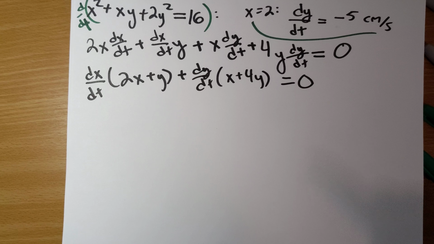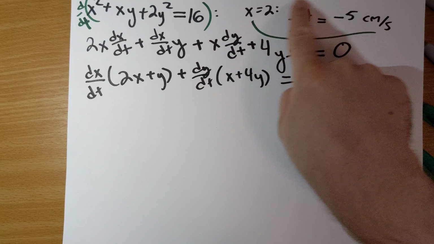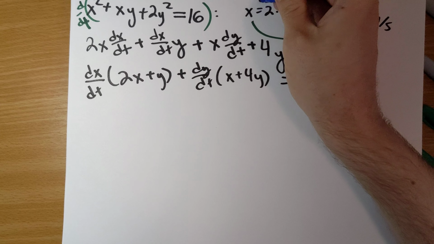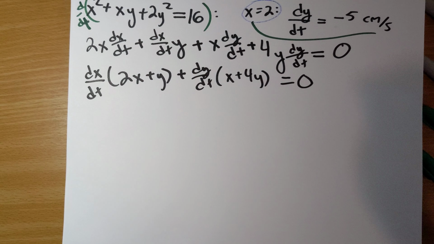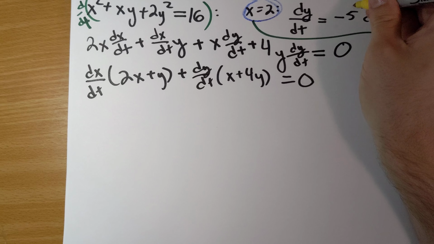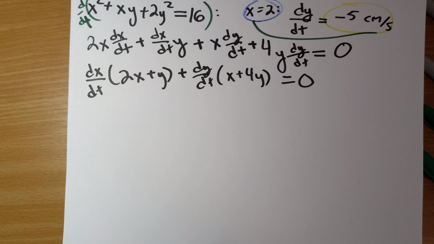Okay, so now let's figure out what is given here. We are told x is equal to 2. We are told that dy/dt is -5.